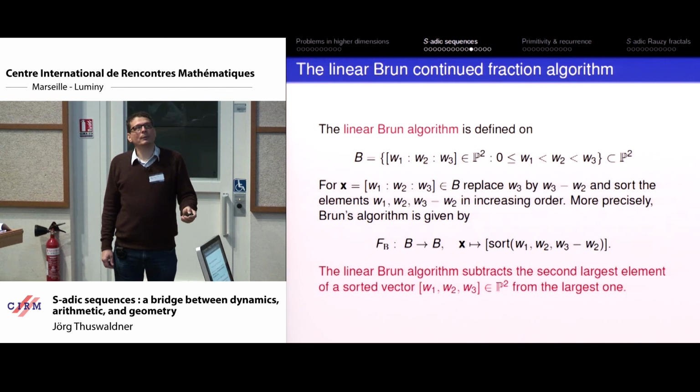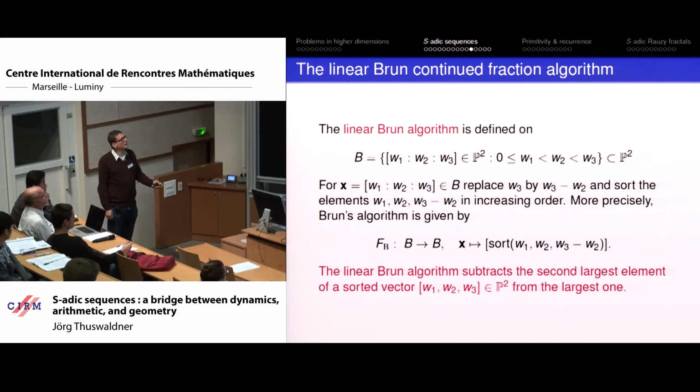We have a vector (w1, w2, w3), which is sorted. So you take this vector, replace the largest one by the largest minus the second one. You get another vector, and you sort this again so that this series of inequalities is true. We are only interested in the case of strict inequalities.